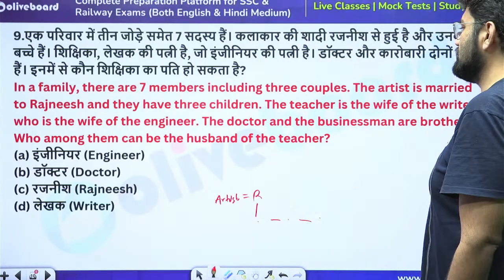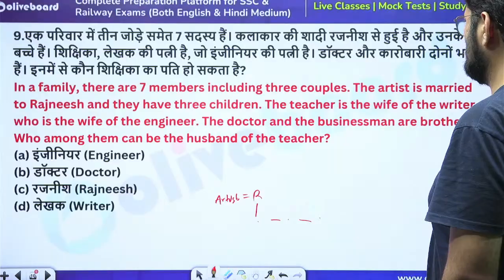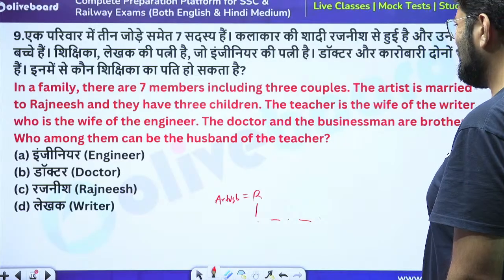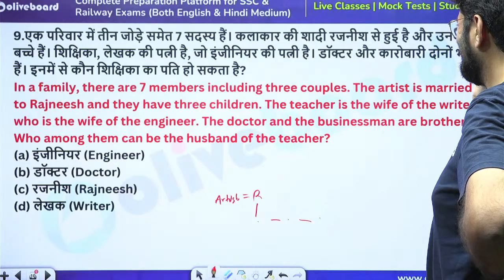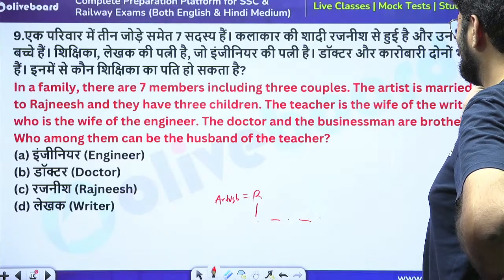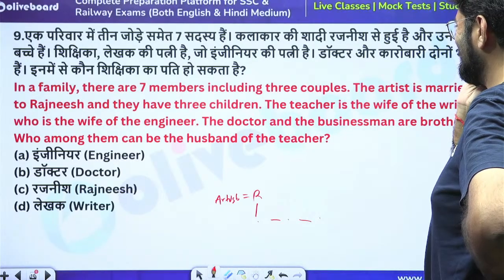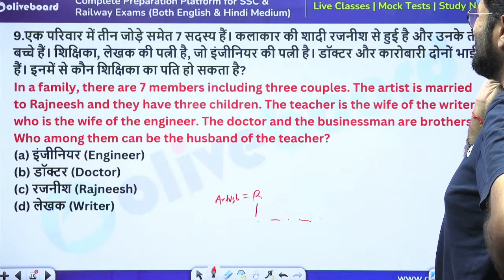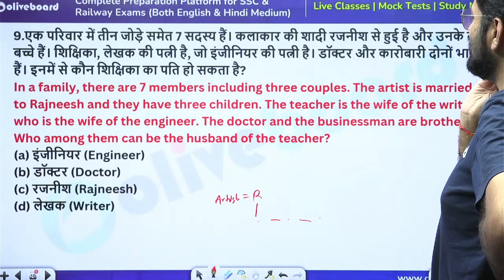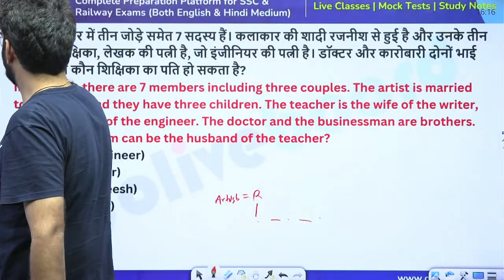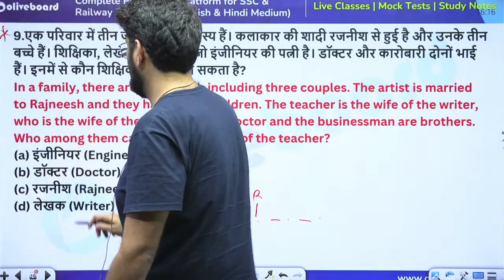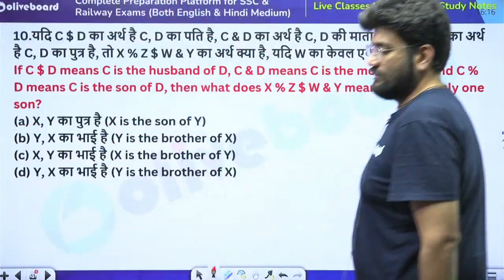Who is the wife of the engineer? What? God, there's something wrong in this question. Some typo error. We'll get this checked. Okay. Next.